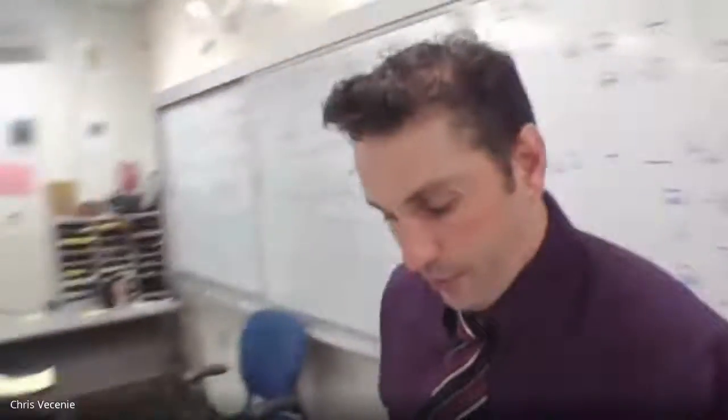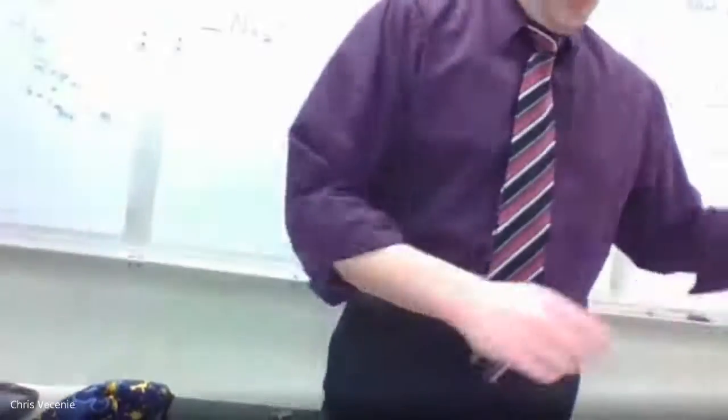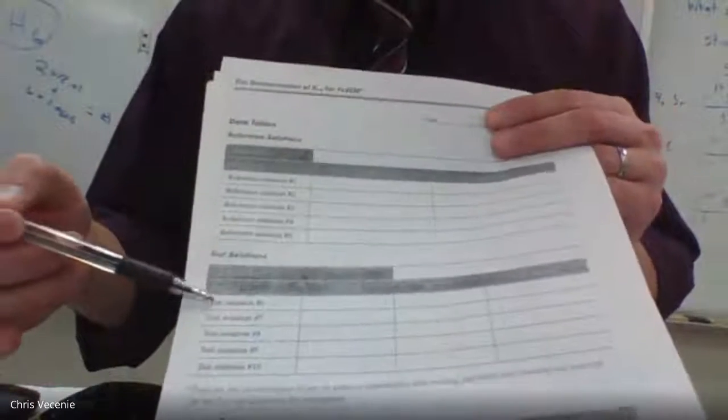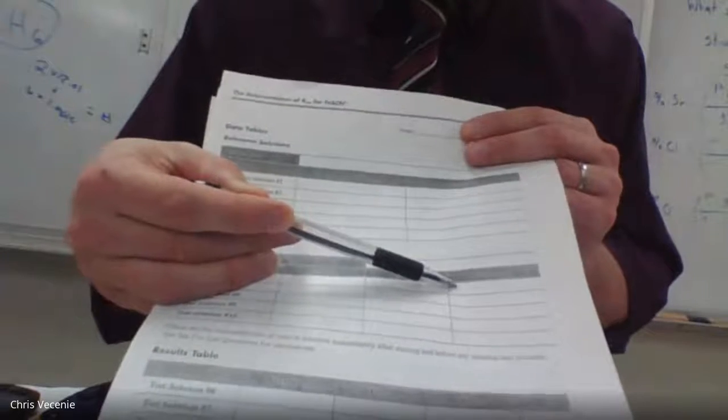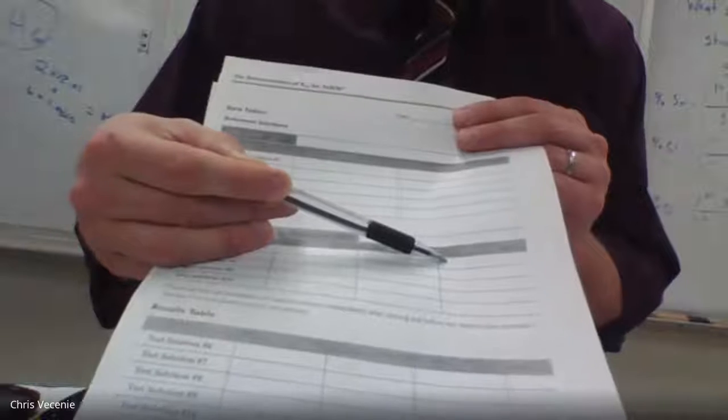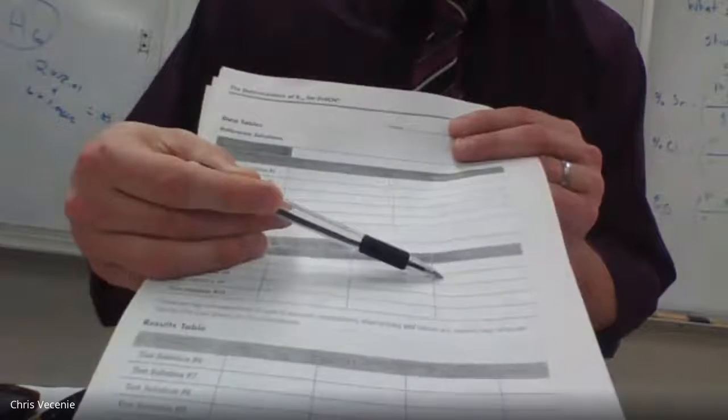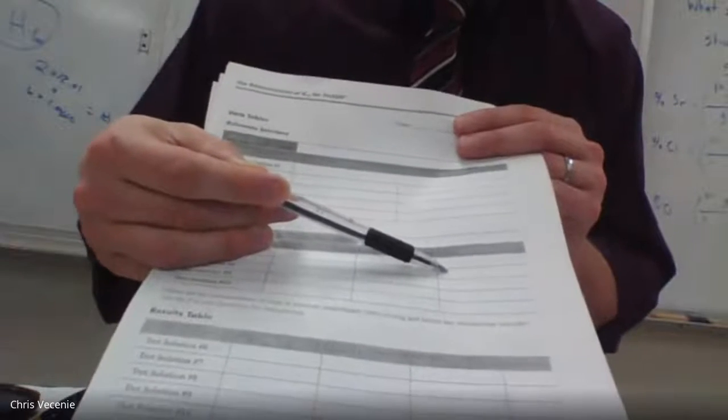So I'll give you some numbers for your test solutions. For test solution 6, your absorbance right here is going to be 0.128. For test solution 7, 0.218.